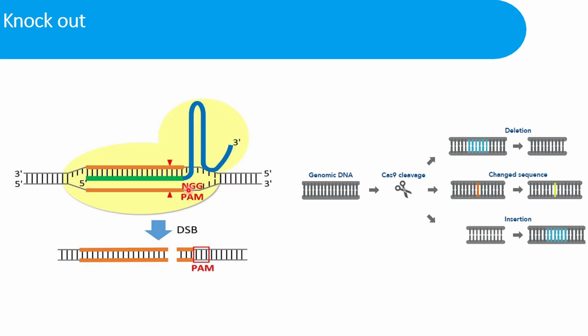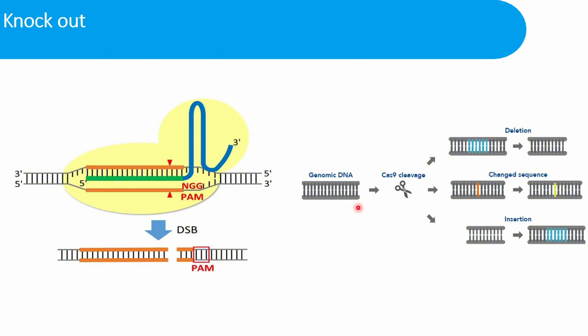The PAM site is actually the site that the Cas could recognize and cut from that part or a few nucleotides before that part. And each Cas protein has its unique PAM site, and for Cas9 it is NGG, where N is any nucleotide and the GG are the two guanines.